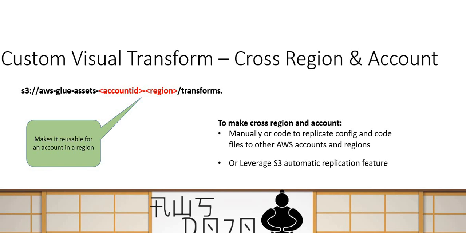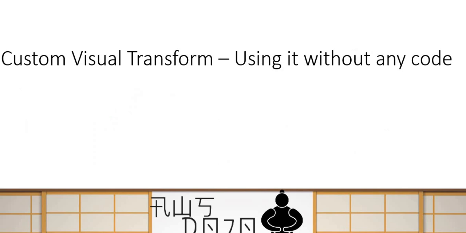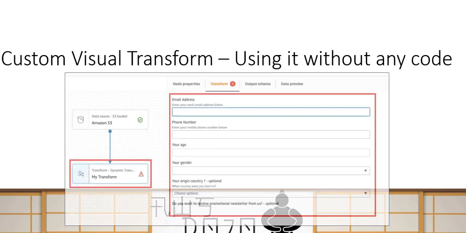All you need to do is create these files and copy them to the different regions and different accounts, and wherever you copy, your custom transform is available for consumption. Hope you understand this part. So moving on, as I said, you use custom visual transform without using any code.